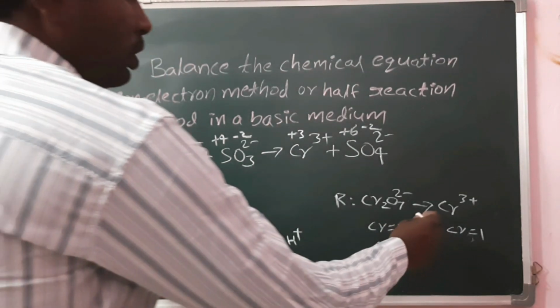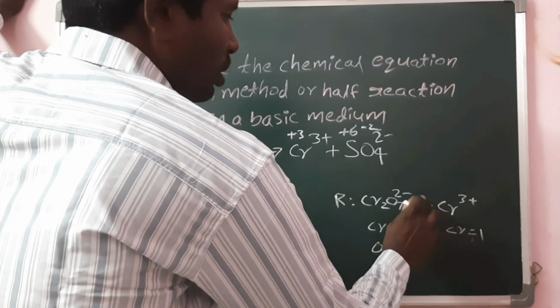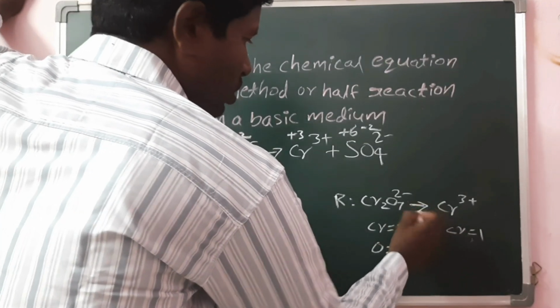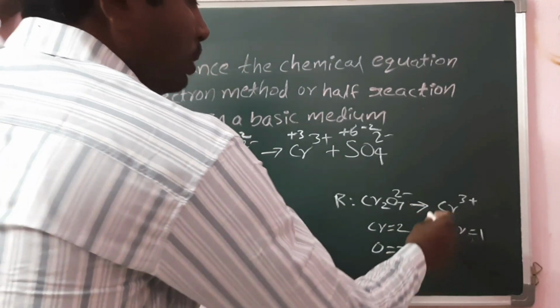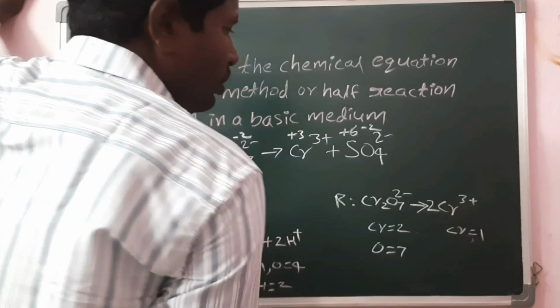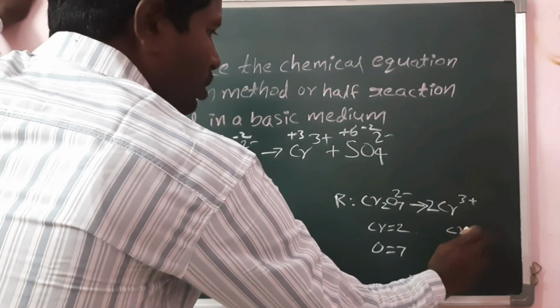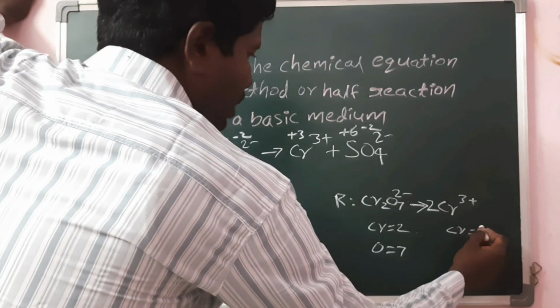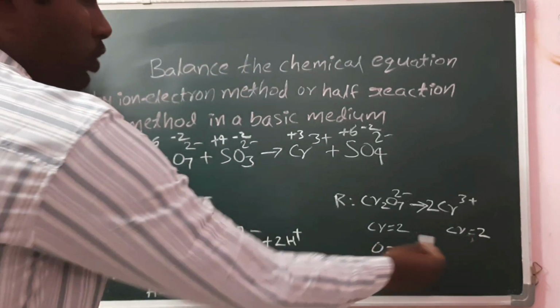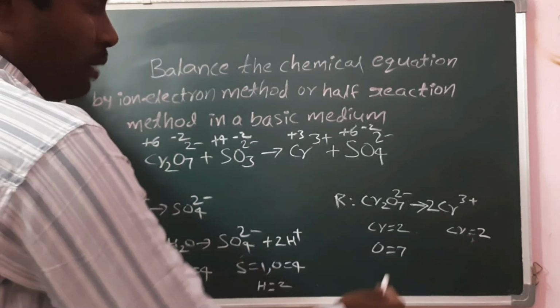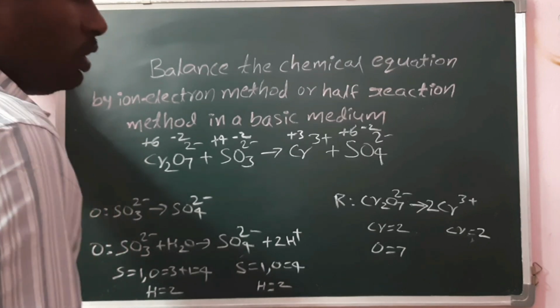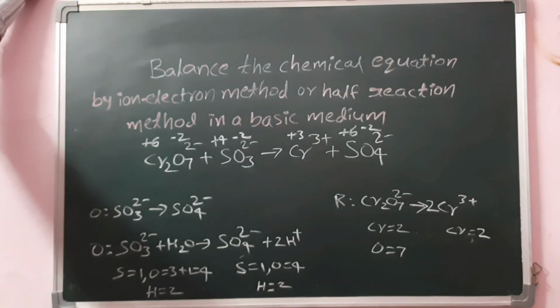To do this, we need to put a coefficient of 2 in front of Cr3+. Now the right hand side chromium atoms are 2. The chromium atoms are balanced. Now we can balance the oxygen atoms. To do this, we can produce water molecules.